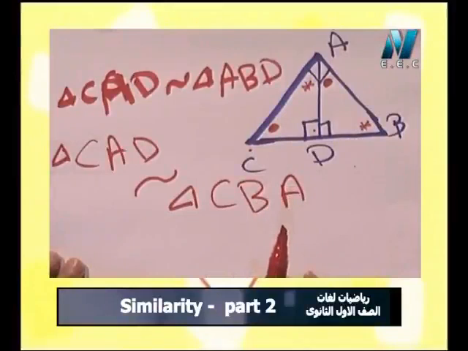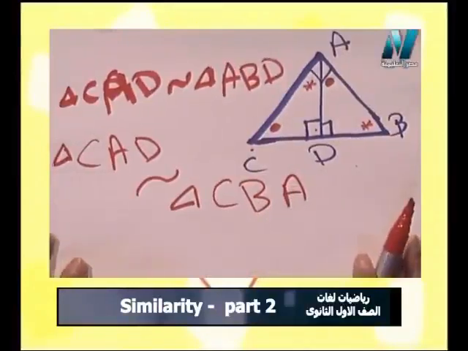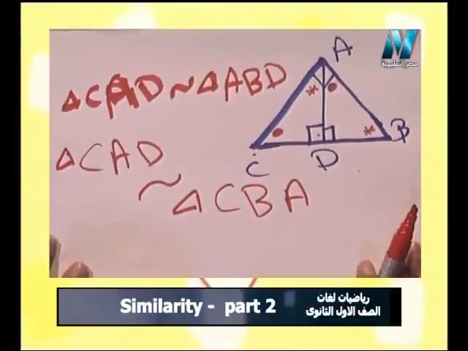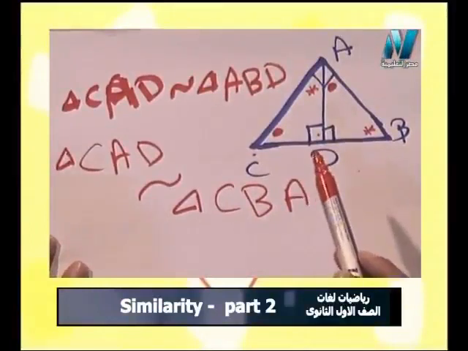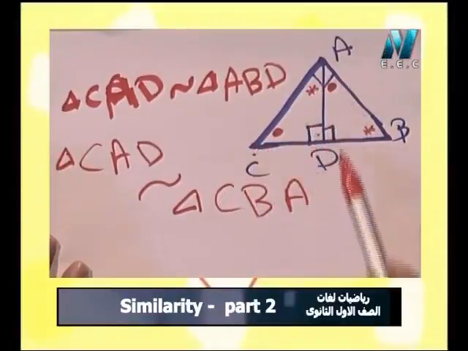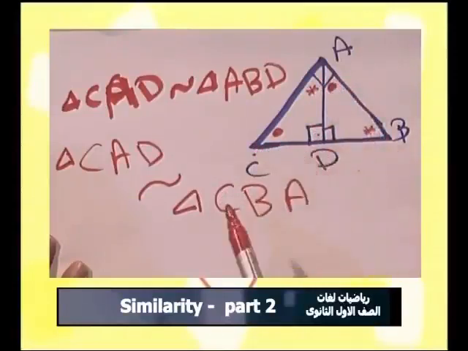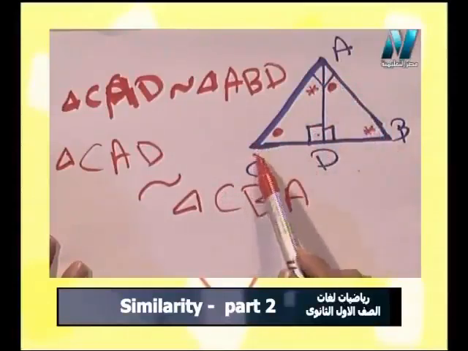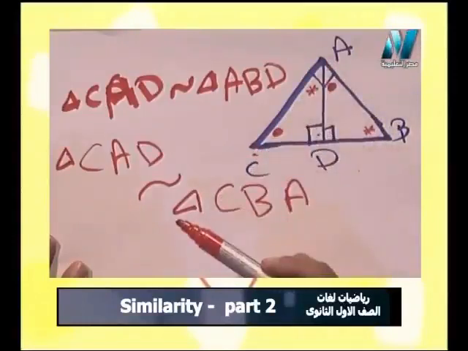We have here three triangles that are similar: triangle CAD, triangle ABD, and triangle CBA. All of them are similar.